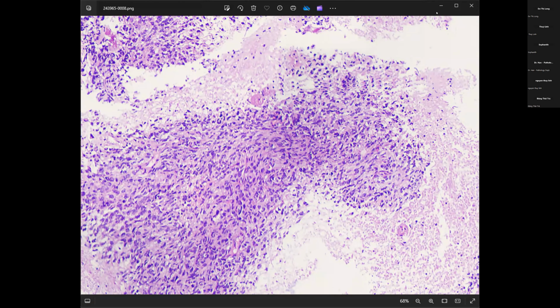So I believe we do have some immunoperoxidase stains on this case, and we can go through those on this other screen. I'll share that.